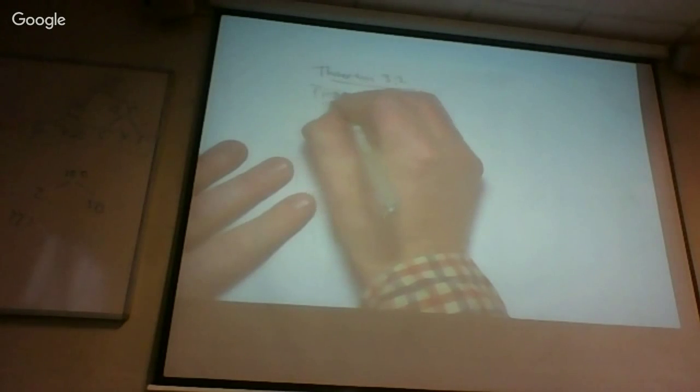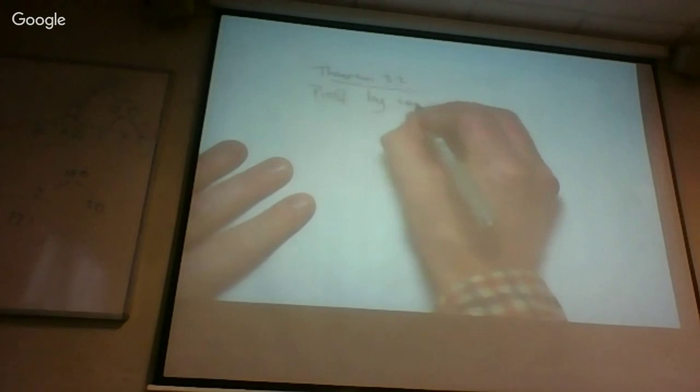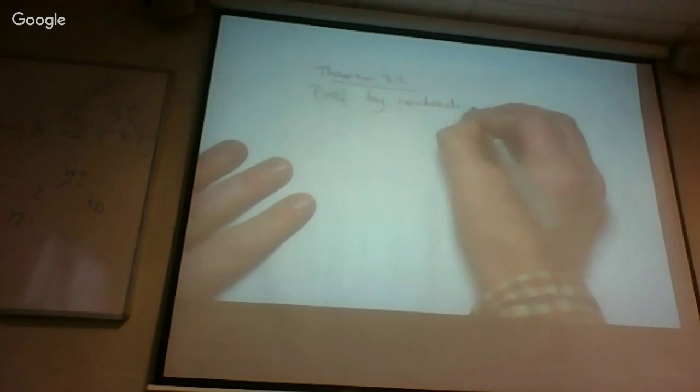Okay. So we're going to prove that there's an infinite number of prime numbers. So it's a proof by contradiction. Now, how do proofs by contradiction work?